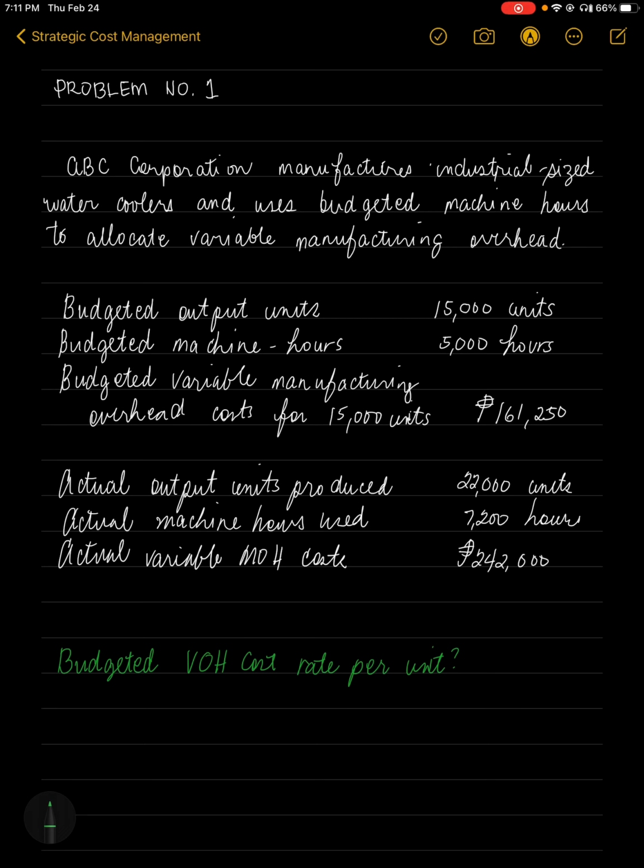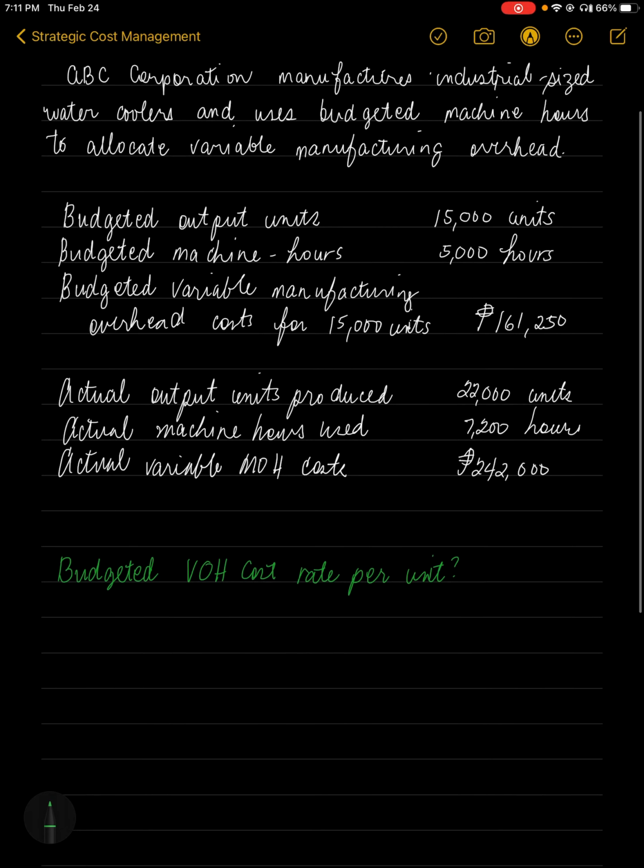So in order to answer this, of course, let us look first how much is the budgeted variable overhead cost, and based on the problem, that is 161,250. Since ang tinatanong ay rate per unit, i-divide lang natin to into the number of units.